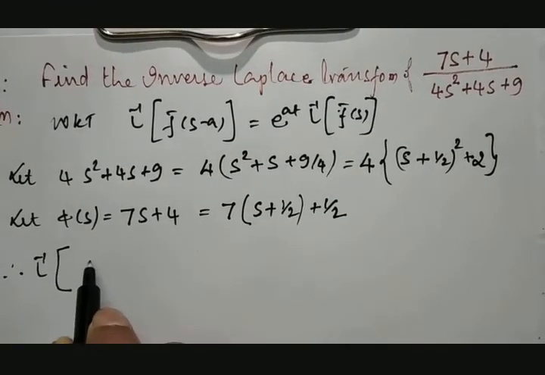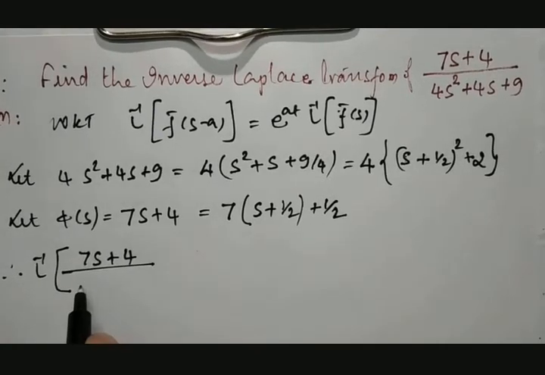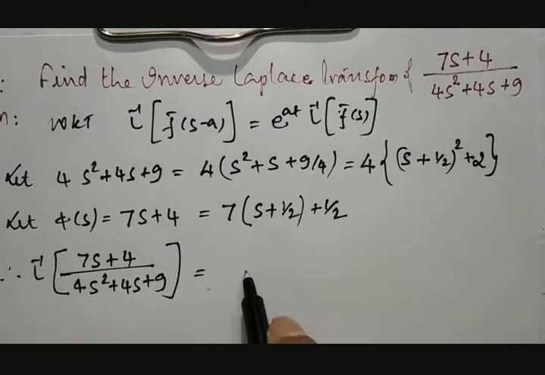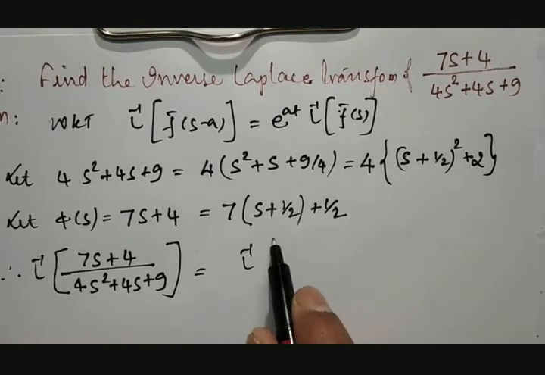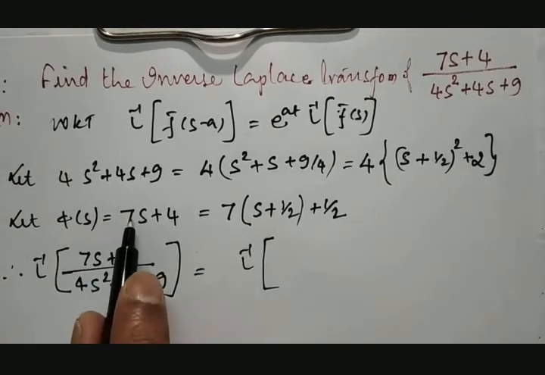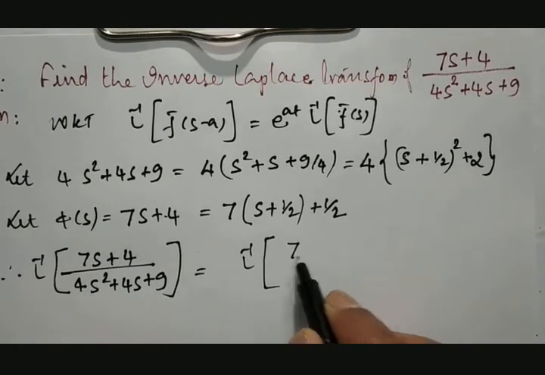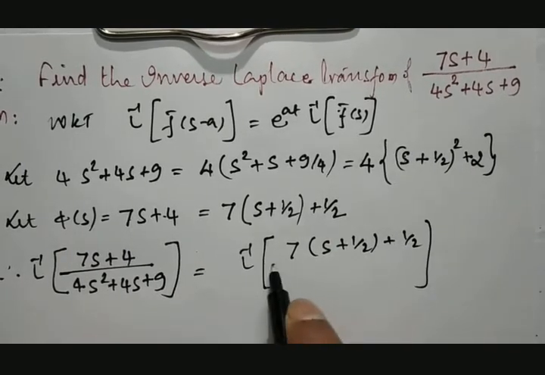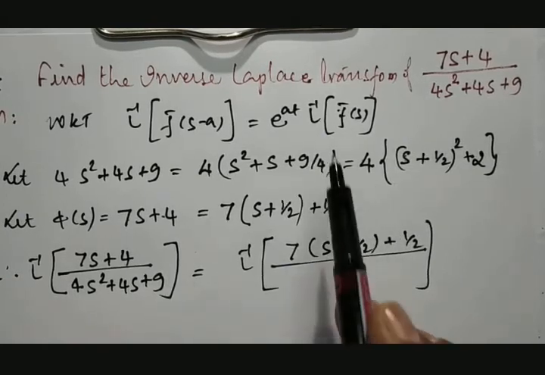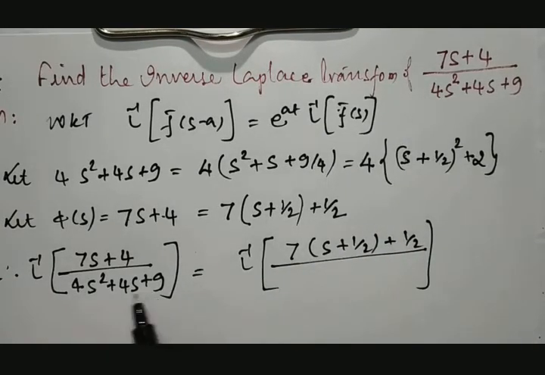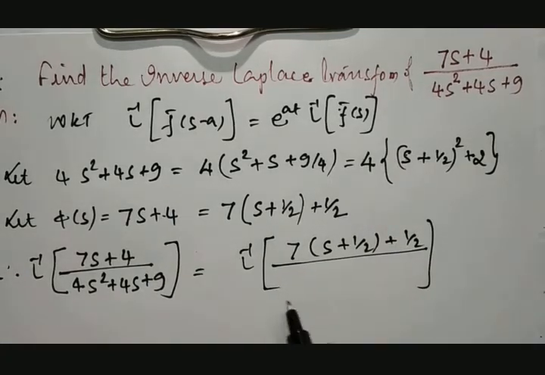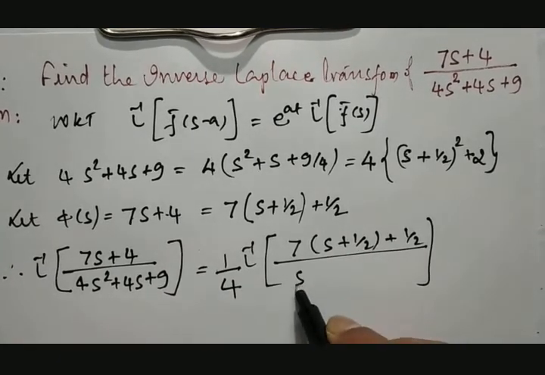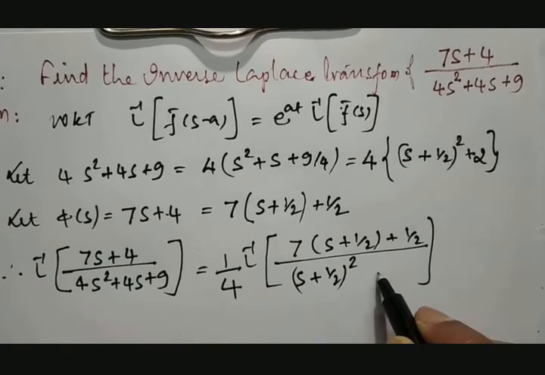Laplace inverse of (7s + 4) divided by (4s² + 4s + 9) is equal to Laplace inverse of 7 into (s + 1/2) plus 1/2, divided by 4s² + 4s + 9. That is 4 into, taking the 4 out as it is common, (s + 1/2) the whole squared plus 2.